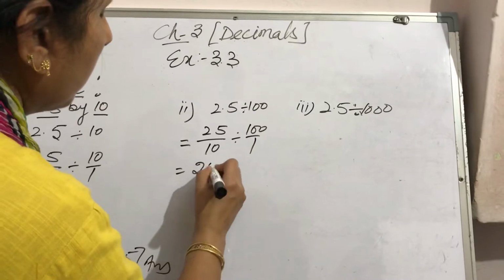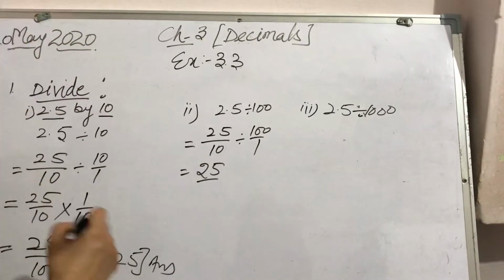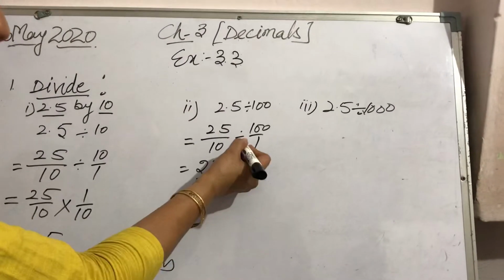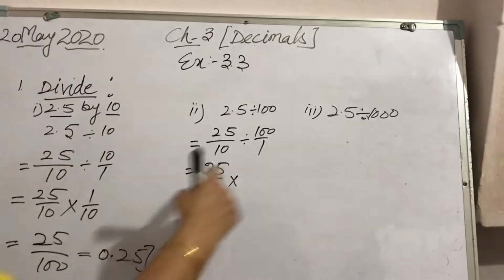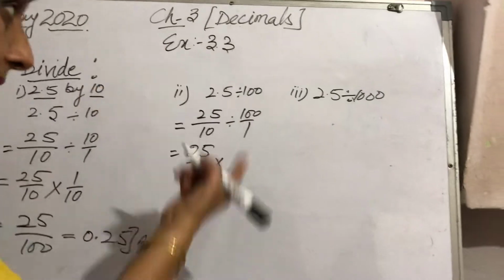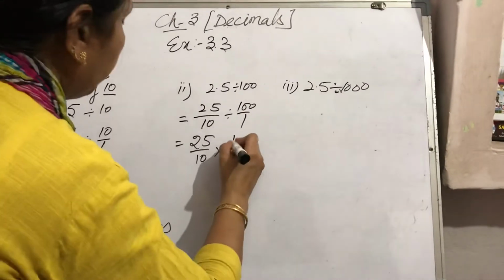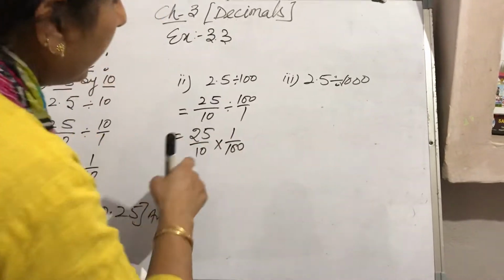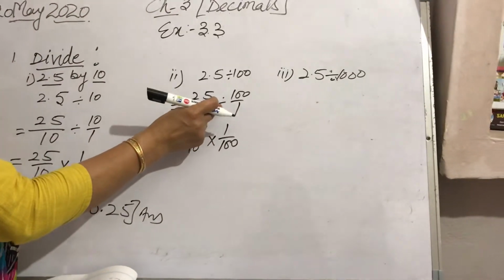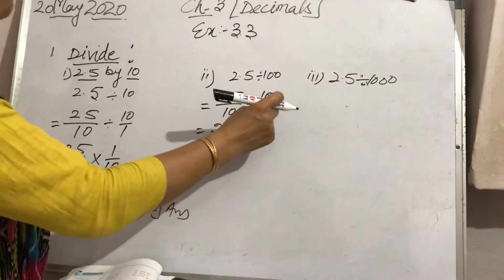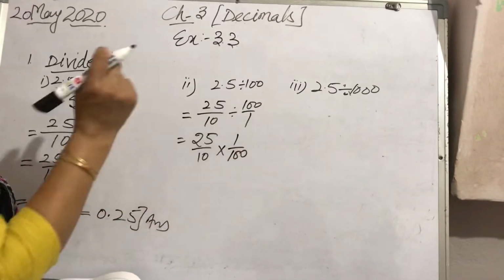Now what will be our next step? Convert the division sign into multiplication, and at the same time we take the reciprocal of the divisor.